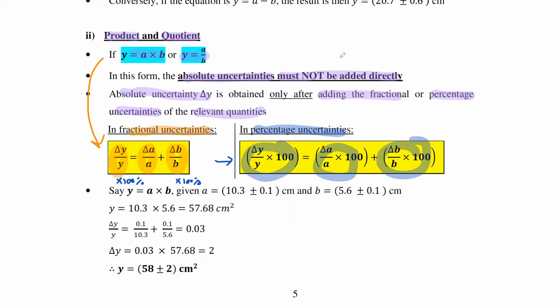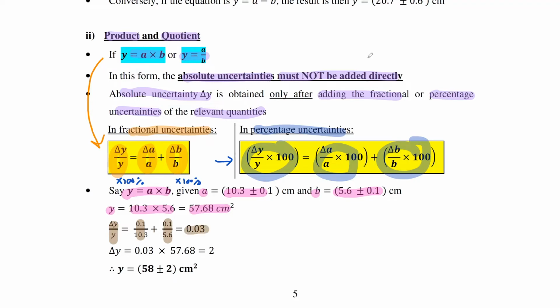In percentage uncertainty form, the percentage uncertainty of y is equal to the percentage uncertainty of A plus the percentage uncertainty of B. As an example, if y is equal to A times B, and A is equal to 10.3 plus minus 0.1 centimeter, and B is equal to 5.6 plus minus 0.1 centimeter, y is the product of the two quantities, giving us 57.68 centimeters squared, whereas the fractional uncertainty of y will be equal to the fractional uncertainty of A plus the fractional uncertainty of B, giving us the final result of 0.03.